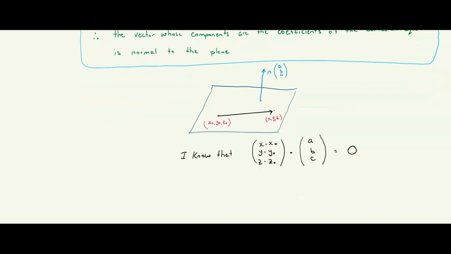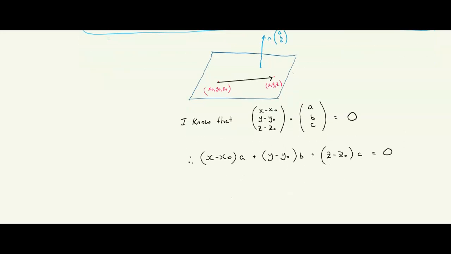Now if I expand this out, do the dot product, I get x minus x naught times A plus y minus y naught times B plus z minus z naught times C, all equal to 0.